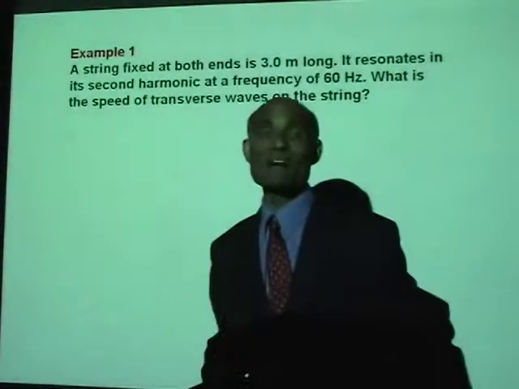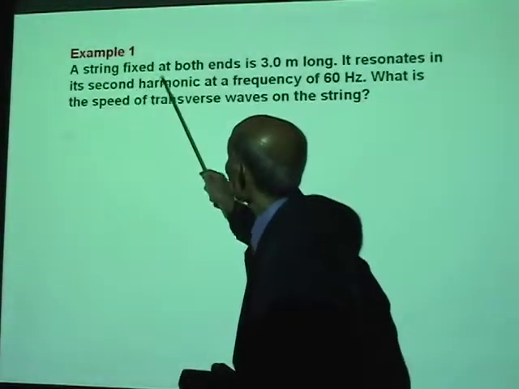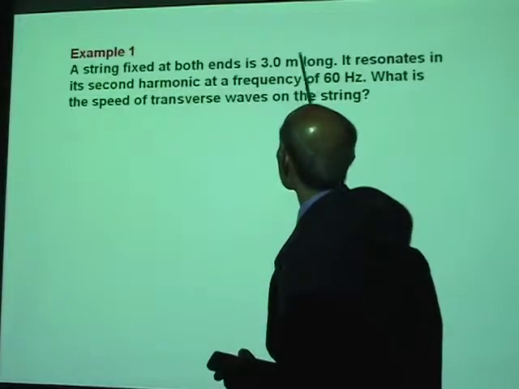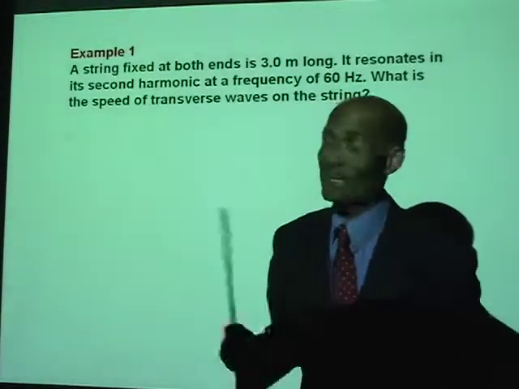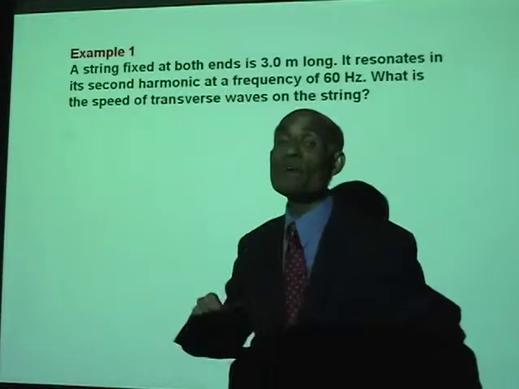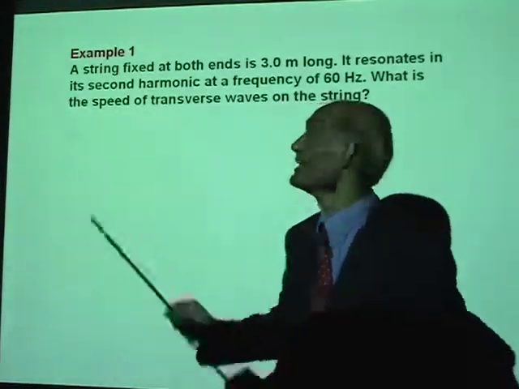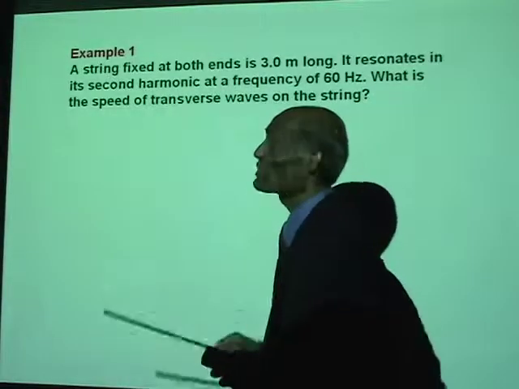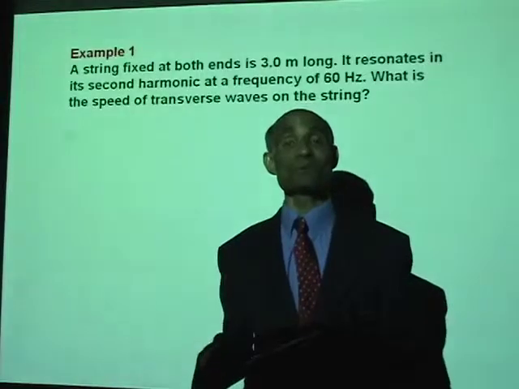Let's spend some time now solving some problems. A string fixed at both ends is 3 meters long. All right, anybody tell me, if the string is 3 meters long, what is the wavelength of the fundamental mode of vibration?